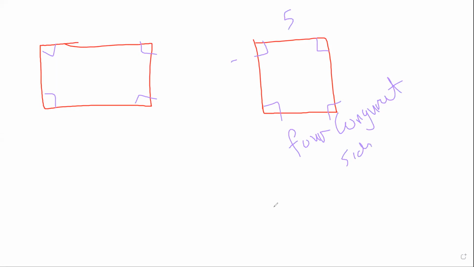If this is 5, 5, 5, and 5. But the rectangle, no. In the rectangle, each two opposite sides are congruent. If this is 7, this will be 7. And if this is 5, this will be 5. So this is the difference between the square and the rectangle.